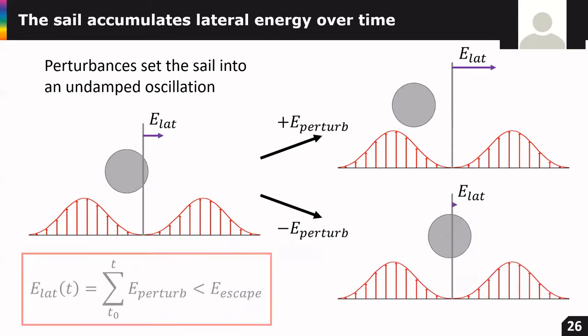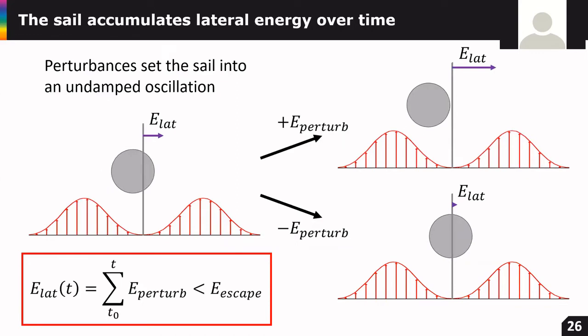So what this means is the lateral oscillation energy of the sail within the donut is the sum of all of these perturbing forces that have occurred throughout the course of the launch. And as long as the sum of these perturbance forces remains below the escape energy of the well, then we should be good. The question then becomes, what's the distribution of these perturbing forces?